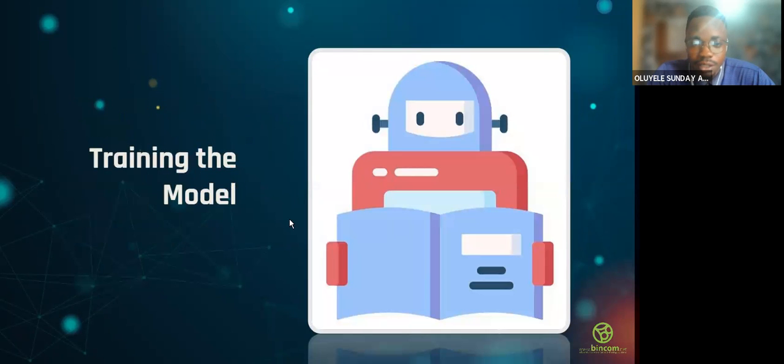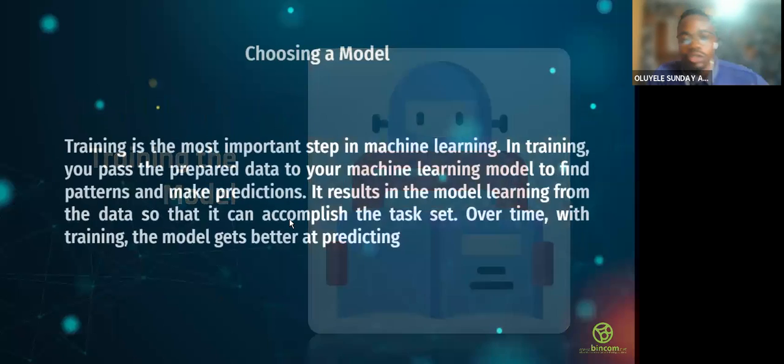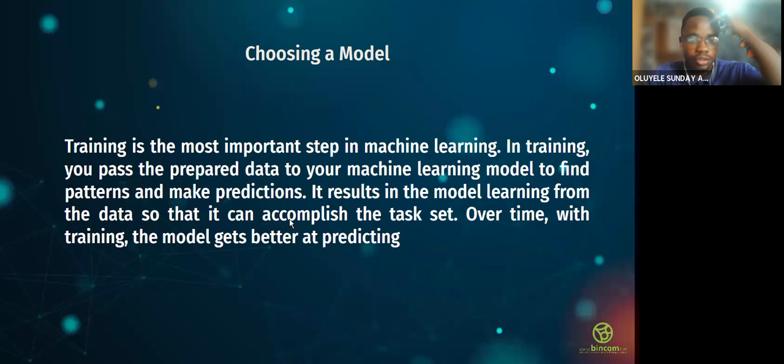So the next thing is actually training the model. Training the model is one of the most important steps in machine learning. In training, you pass the prepared data to your machine learning model to find patterns and make predictions. It results in the model learning from the data so that it can accomplish the task. Over time, with the training, the model gets better at predicting.